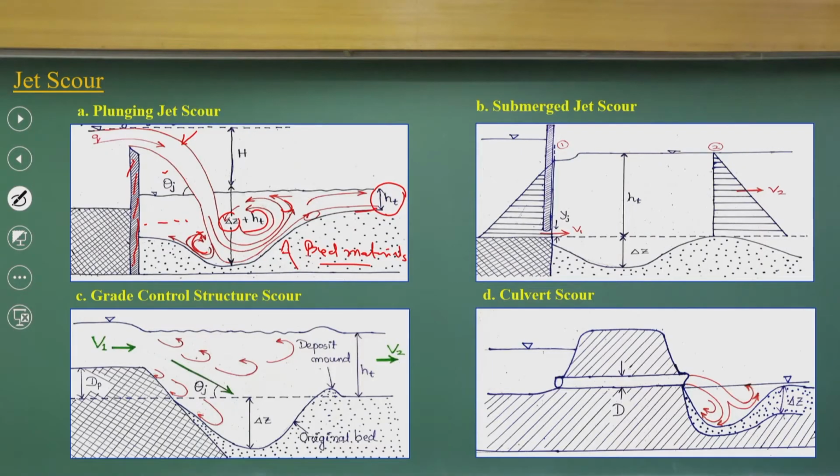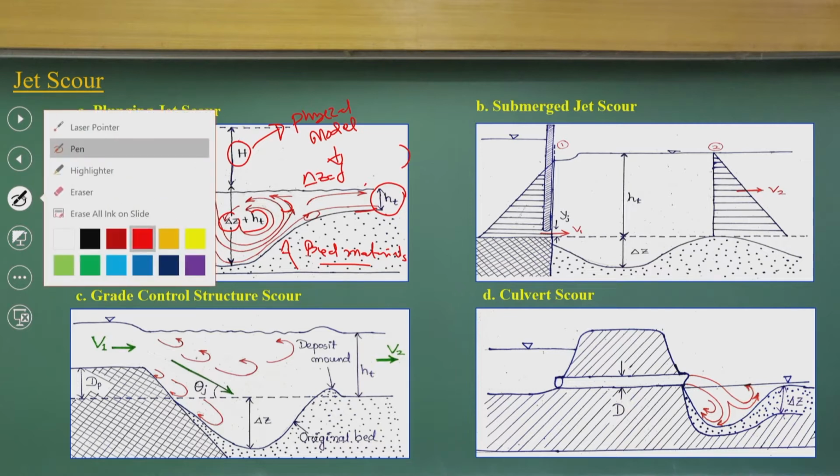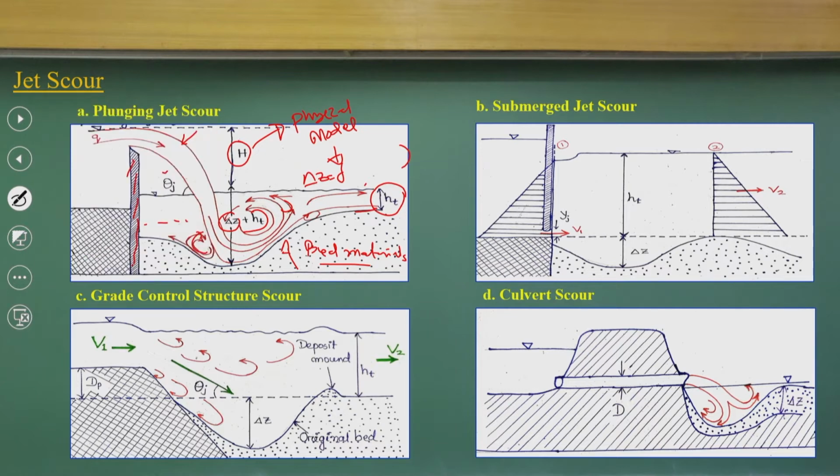Mostly we go for a physical model and establish the relationship of delta z with the flow, with the water depth at the tail end, and the bed material characteristics. We try to establish the relationship of delta z as a function of all these parts. That is what we look at here.